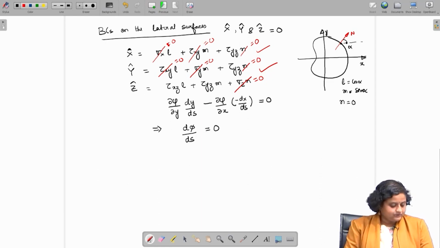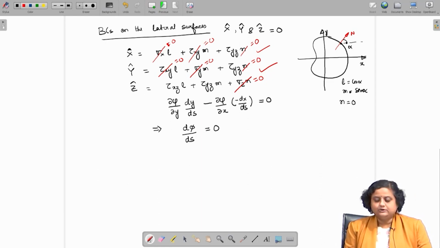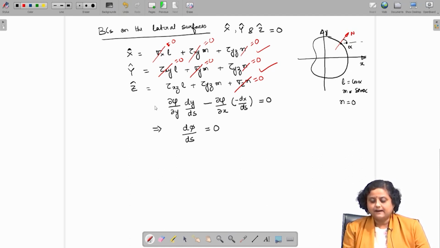So, this boundary condition will boil down to d phi. This by the differentiation rule will end up being d phi by ds.